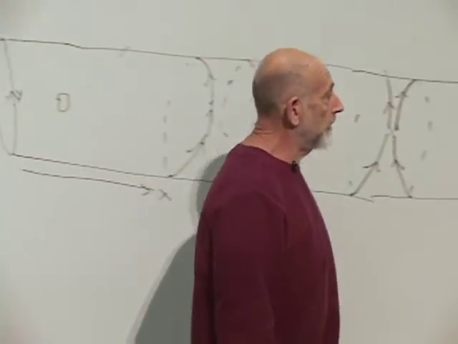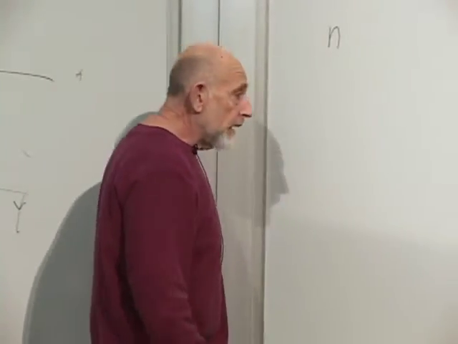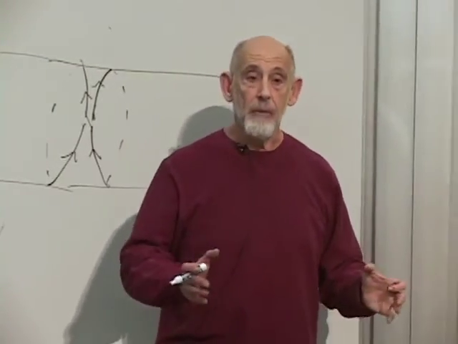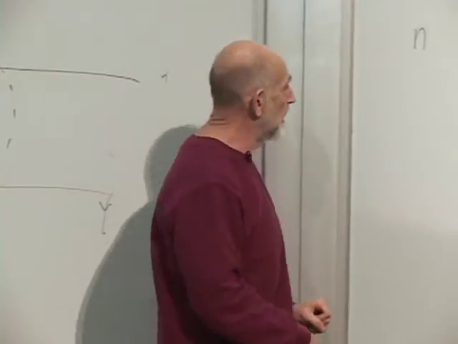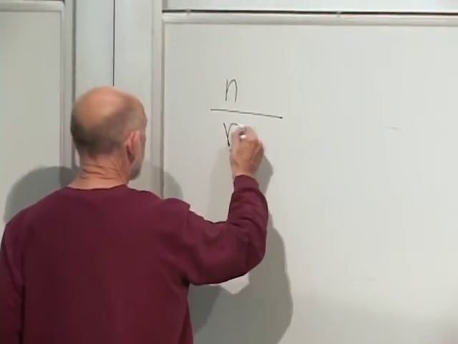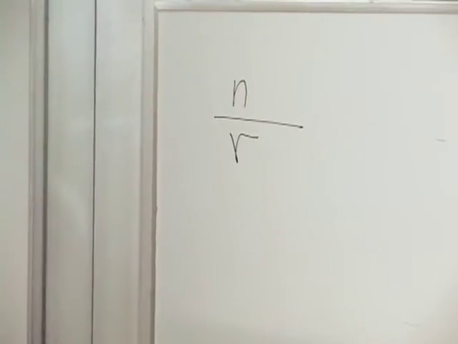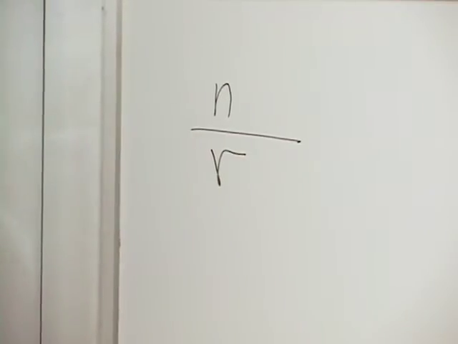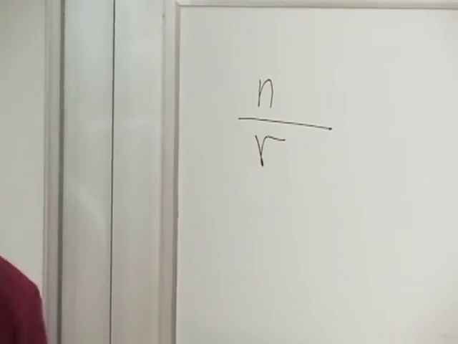The momentum can have either sign, it can be plus or minus. The energy is always plus, for the same amount, n over r. It has momentum n over r, and it has an energy also n over r.